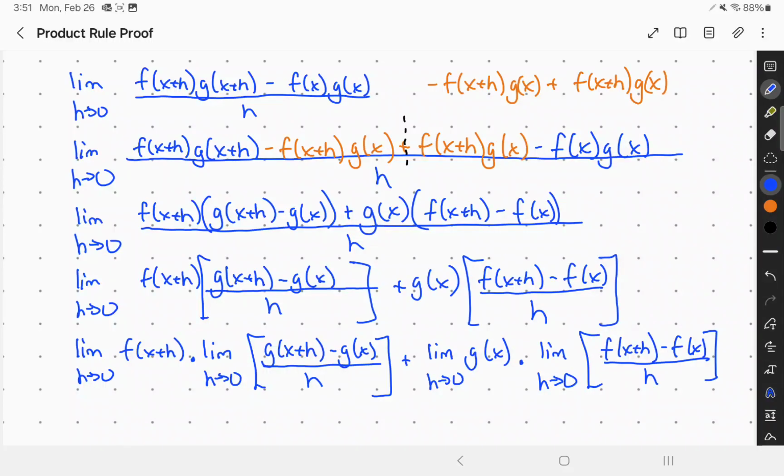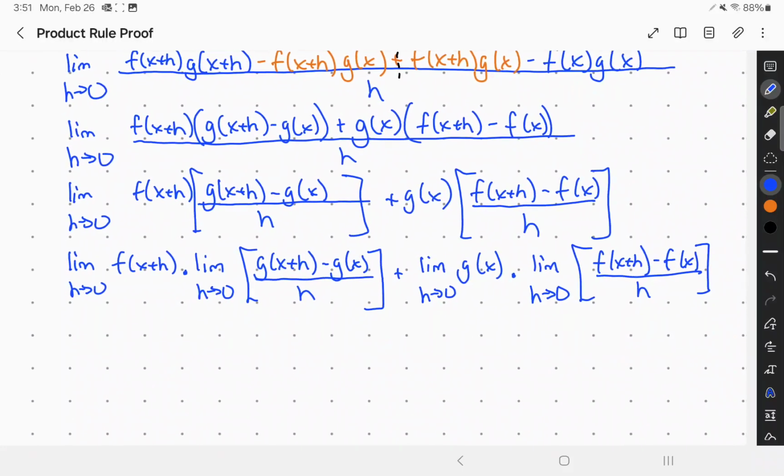So that's just the limit property, kind of expanding through, or almost distributing through the different versions here.